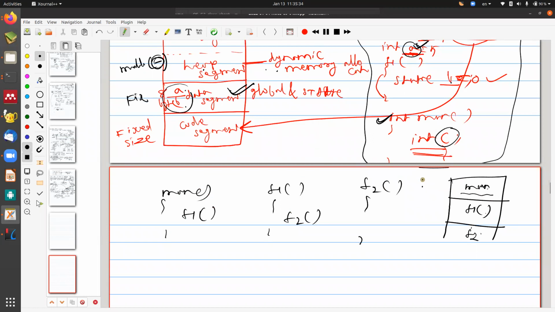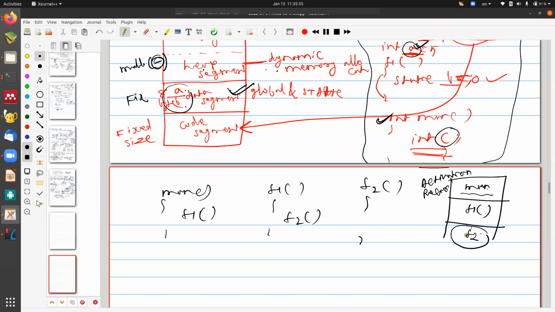That's why it is called an activation record. These activation records are present in the stack, but among them a few are currently executing and a few are not executing. So which one is currently executing? Your F2.